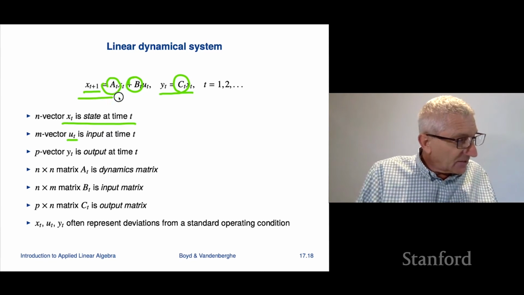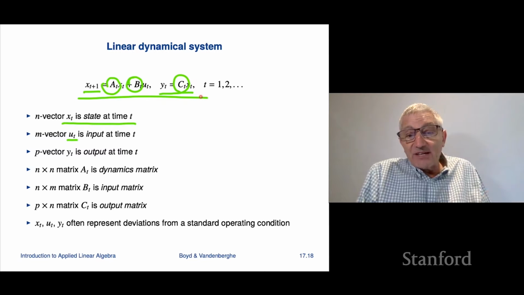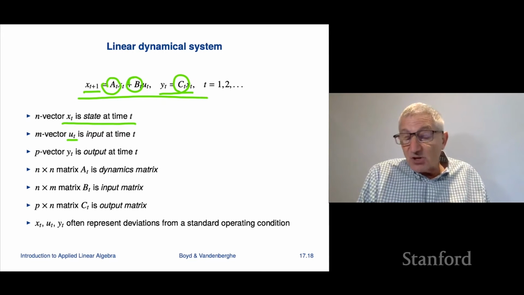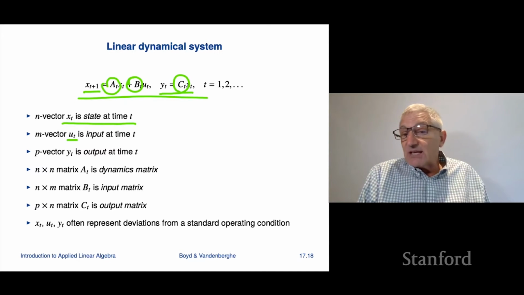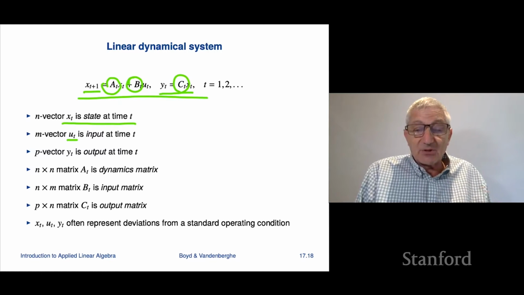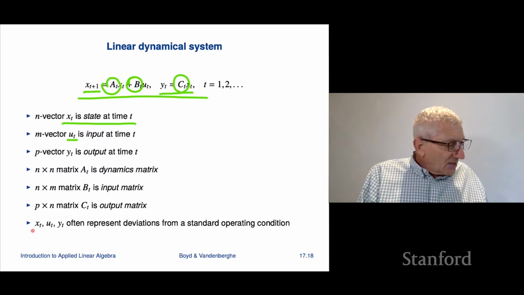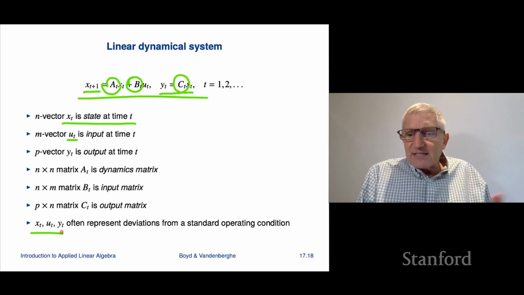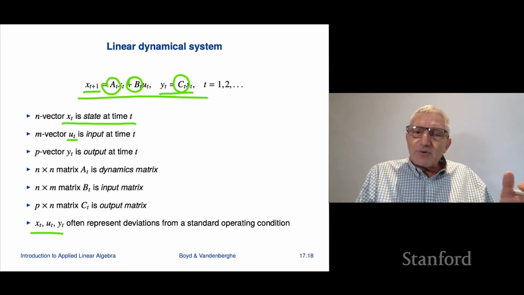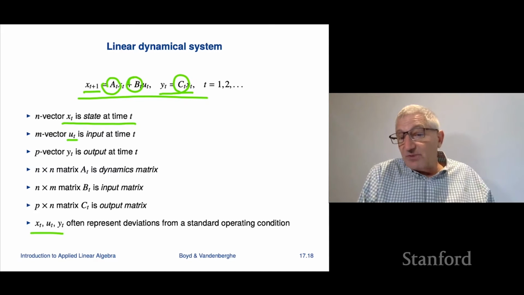And here we have a linear dynamical system. Now, very often A, B, and C don't depend on t, in which case it's called a linear time invariant dynamical system, or an LTI system. I should also mention that x_t, u_t, y_t usually don't represent the actual values of the quantities of interest.